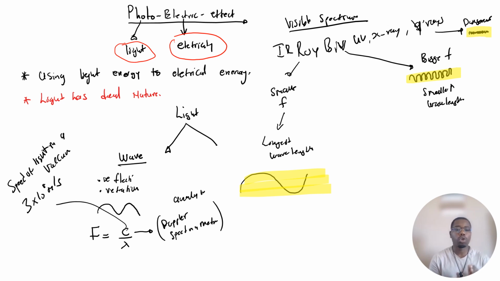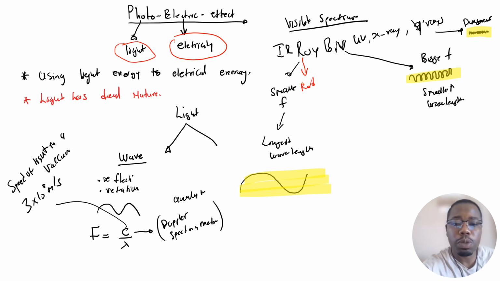Before we go far, I want us to remember that we also have what is called a visible spectrum, which other people refer to as ROYGBIV, where R stands for red, O for orange, Y for yellow, G for green, B for blue, I for indigo, V for violet.